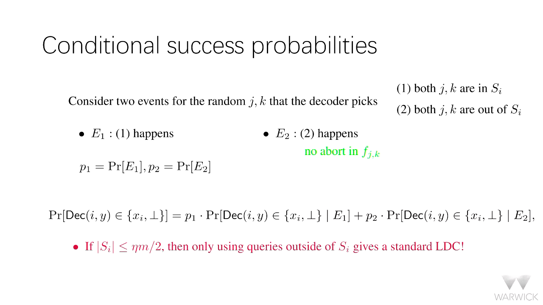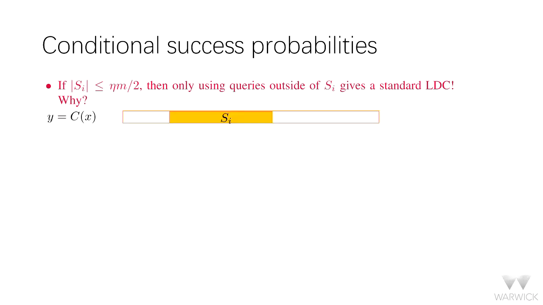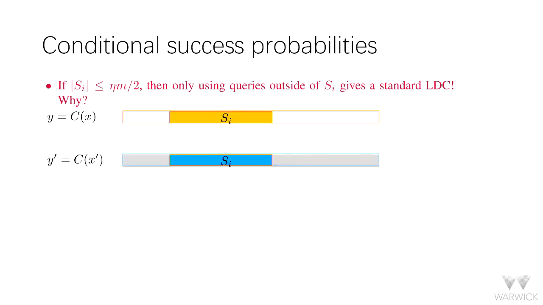Let's see why this is true. Consider two codewords, y and y prime. y corresponds to the message x, y prime corresponds to the message x prime. And we make sure that the i-th bit of them is different.